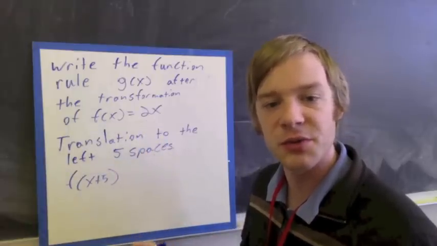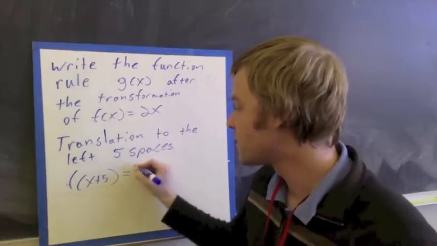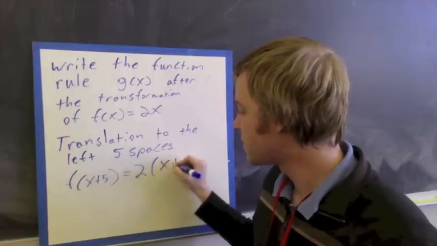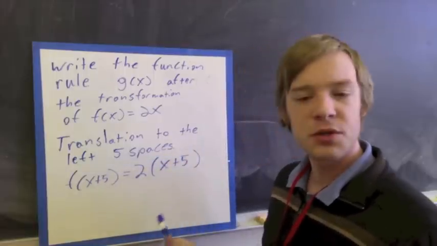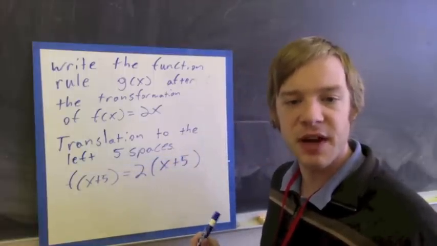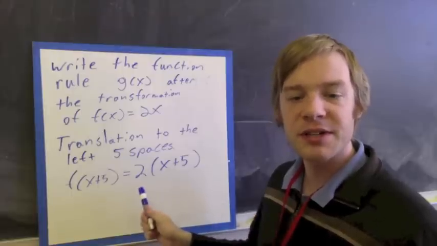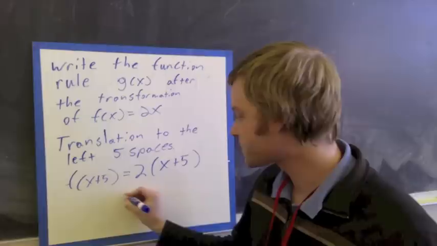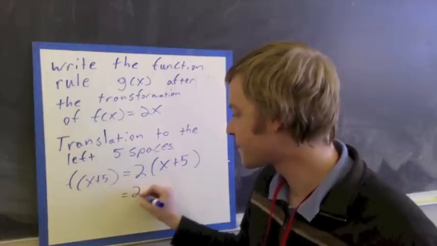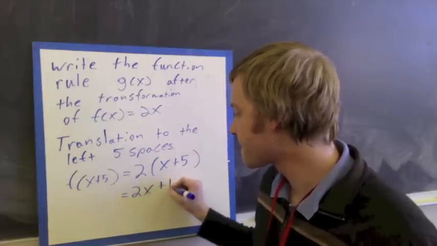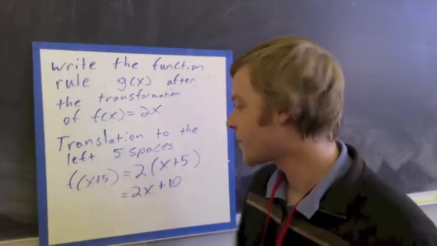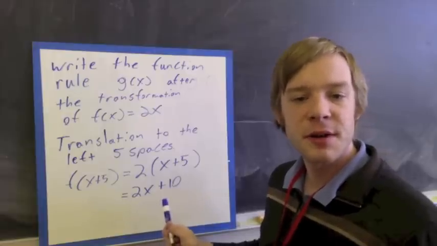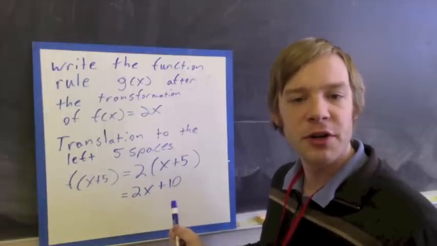So this would be equal to 2 parentheses x plus 5. So now we need to take this 2 and multiply it times both things inside the parentheses. So we get 2x plus 10 over here on the right side.